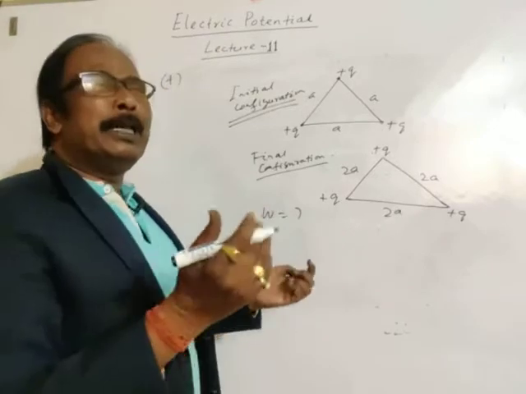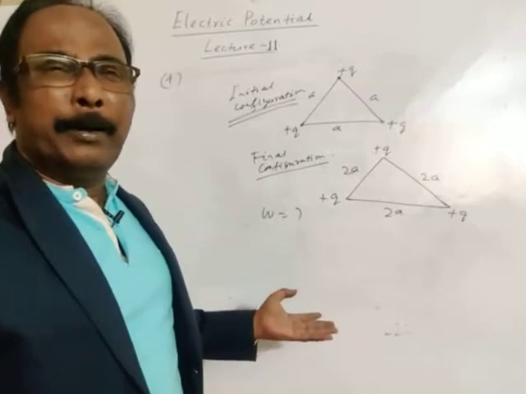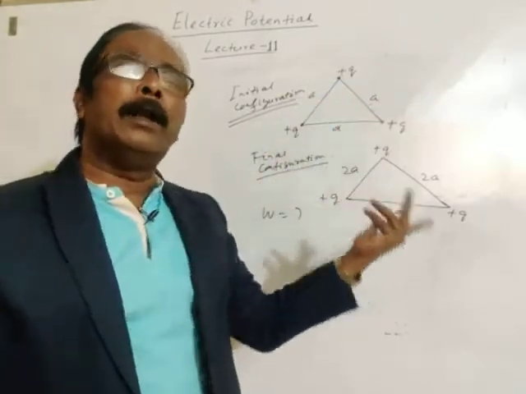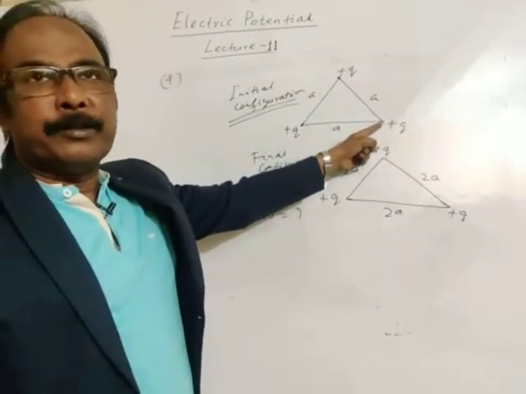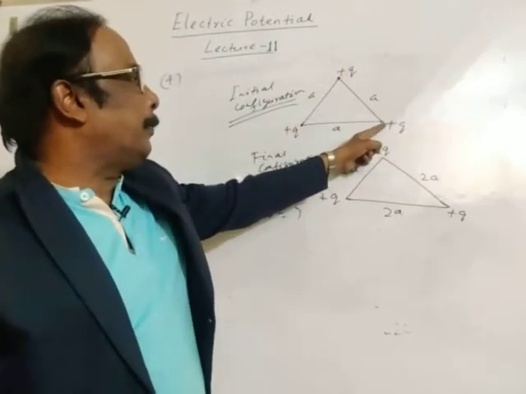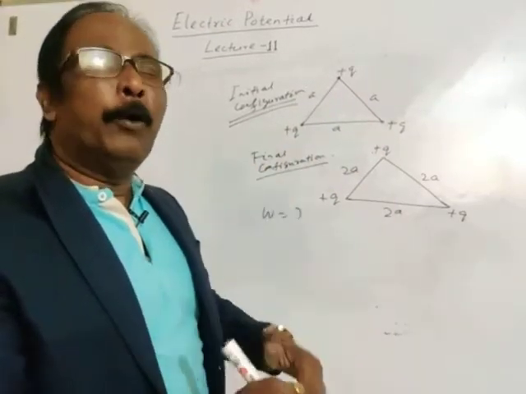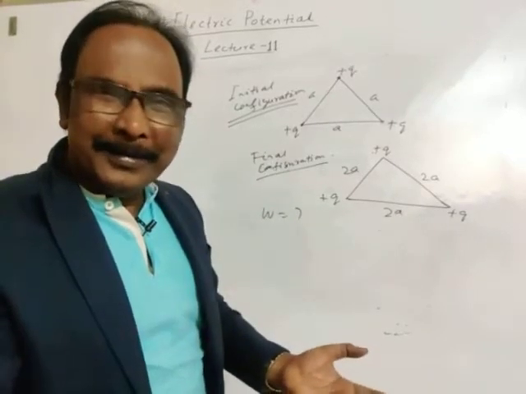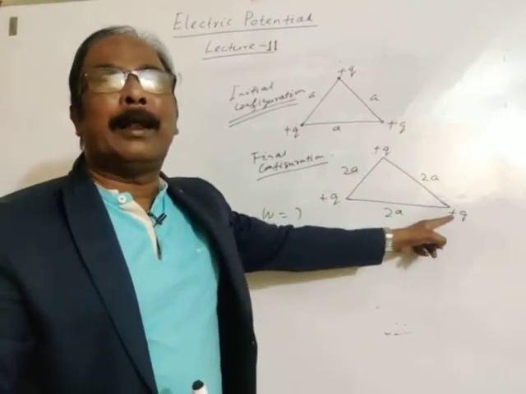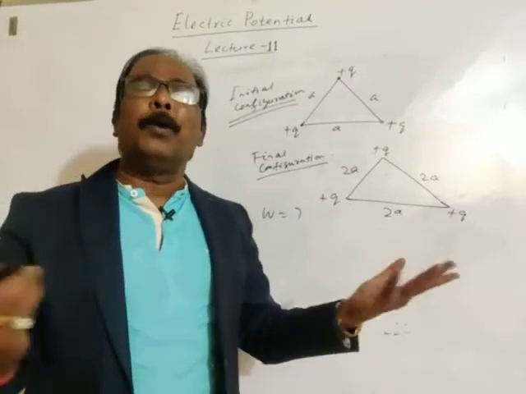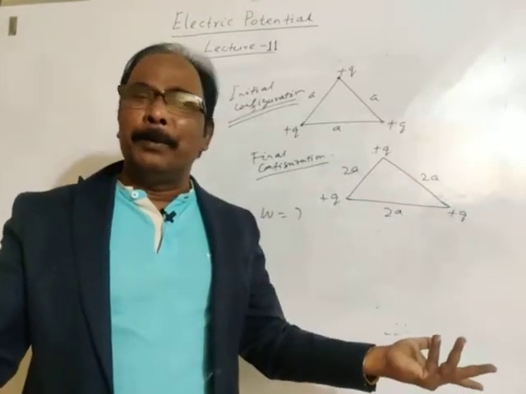So the question is like this: three identical charges are placed at the three vertices of an equilateral triangle of side A. Then what will be the work done to keep the charges at the vertices of an equilateral triangle of side 2A? Or what will be the work done to increase the sides of the equilateral triangle to 2A?